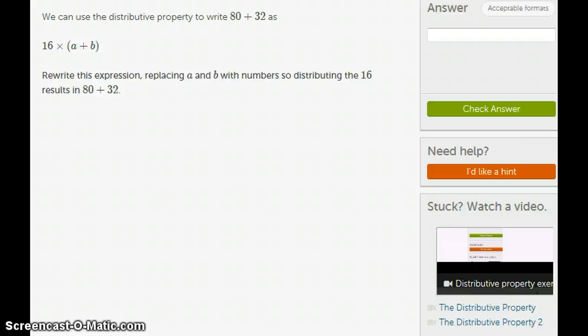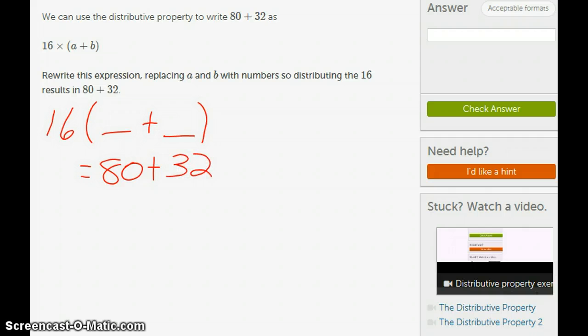All right, here's another problem. 16 times what plus what? And remember, when I do this, I need it to equal 80 plus 32 from right there.